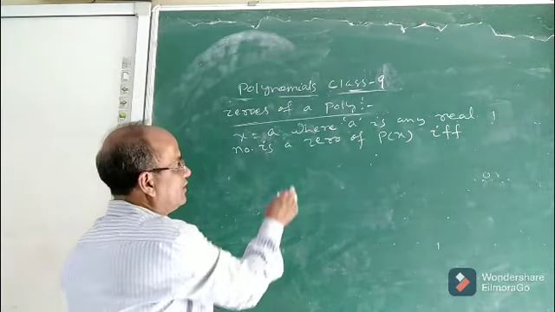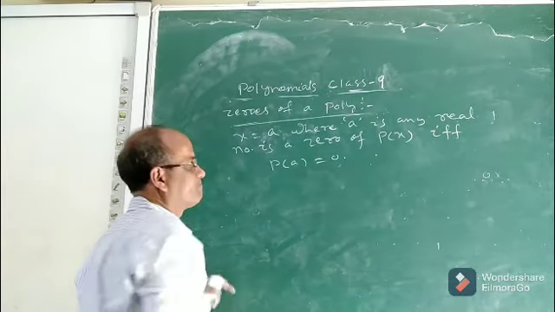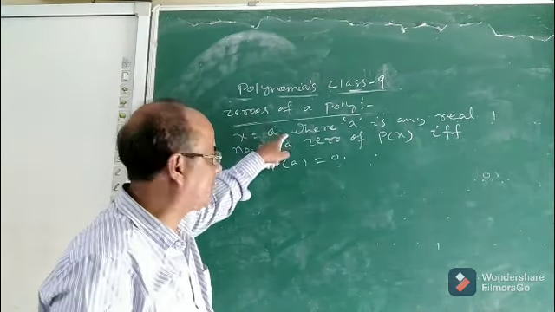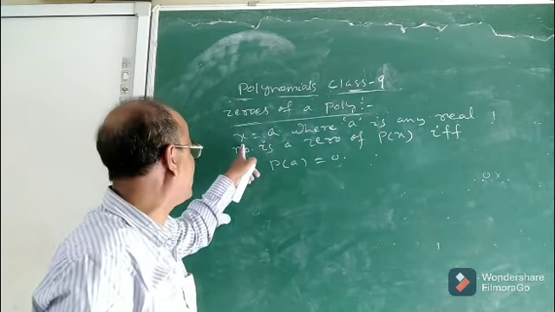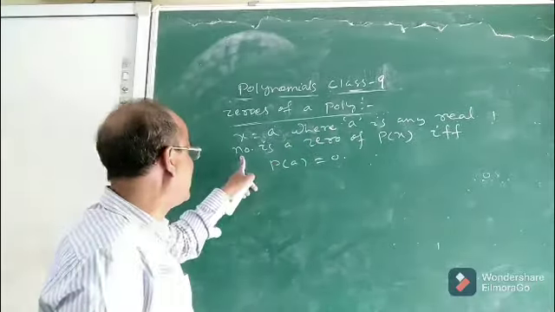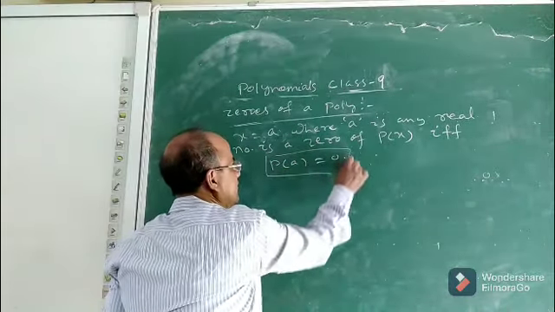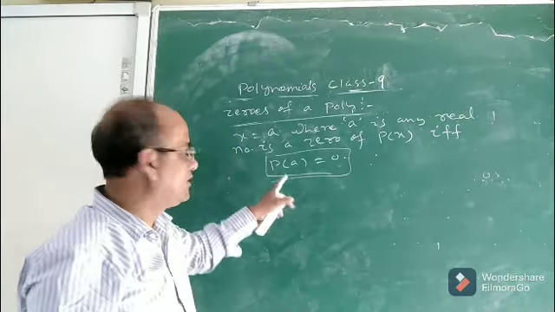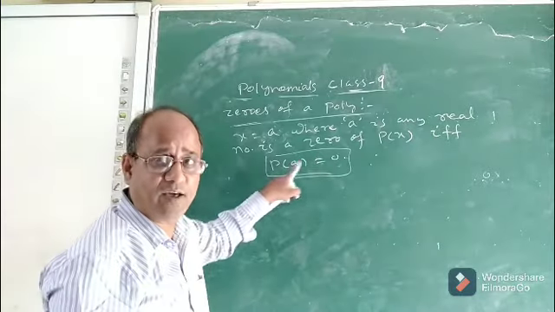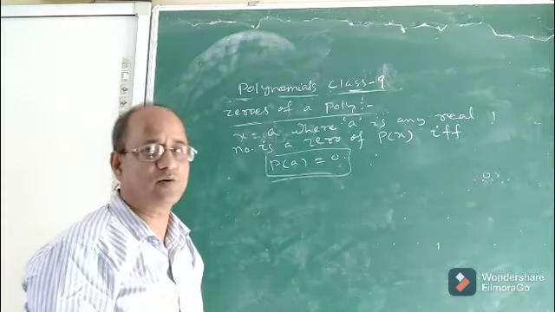If p of a equal to 0, where a is any real number, then x equal to a is called a 0 of p of x. That means if p of a equal to 0, then x equal to a is a 0 of the polynomial.